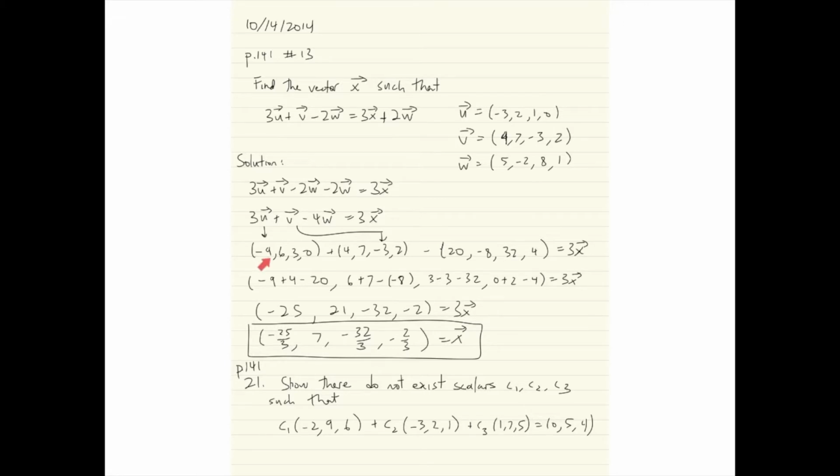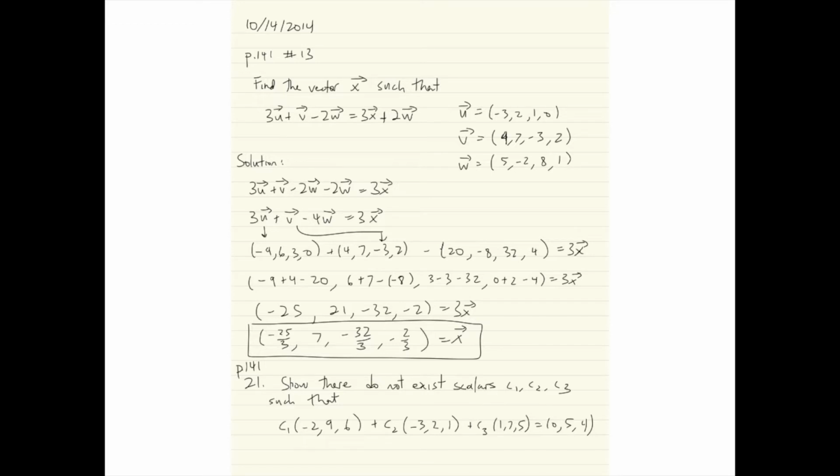So the first component, negative 9, you add that to the first component here, which is 4, and then the negative 20 here, I distribute this negative sign across. Okay, so that's what the first component becomes, negative 9 plus 4 minus 20, and that simplifies to negative 25.